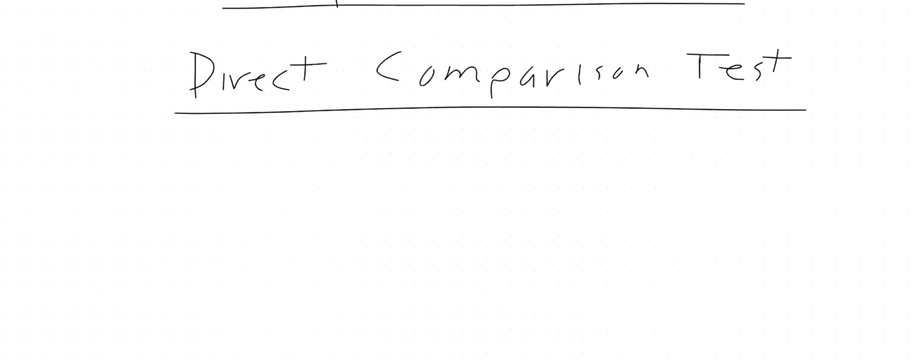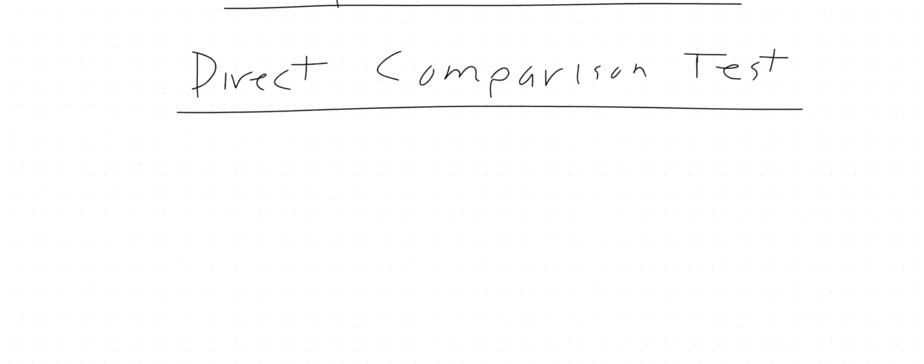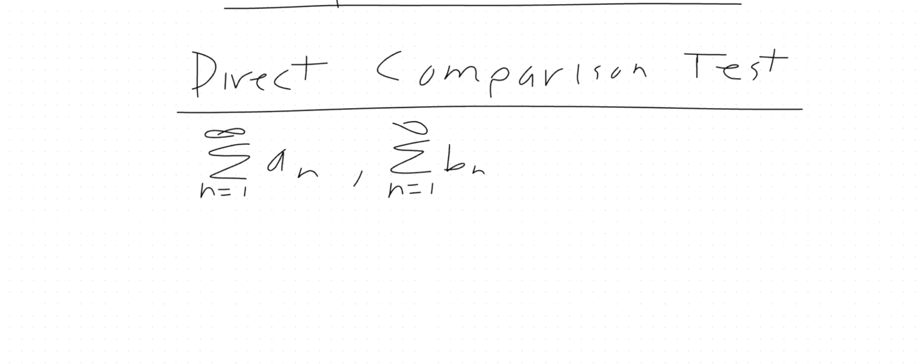So our direct comparison test says that we have our A series and our B series, but they all have positive terms.